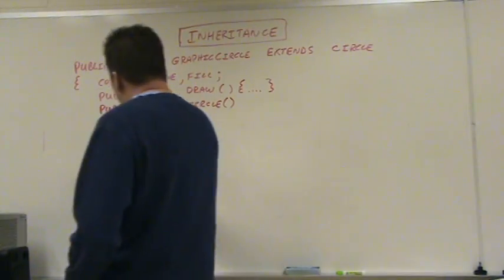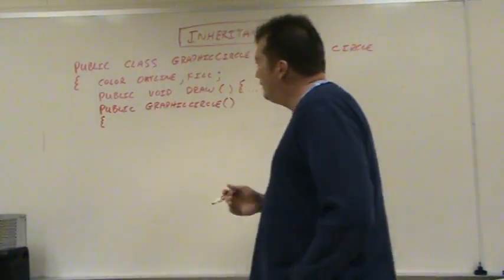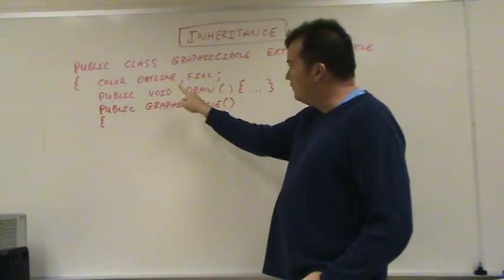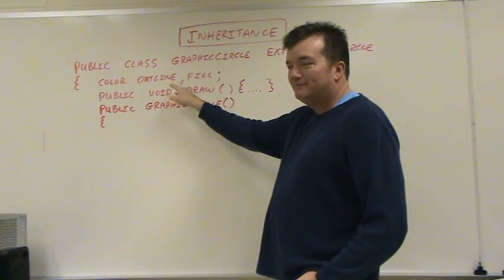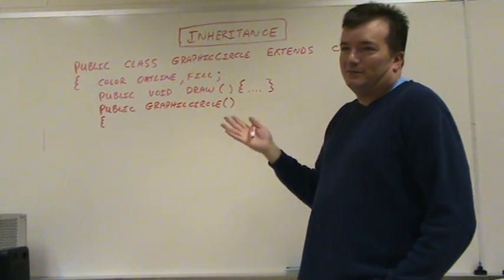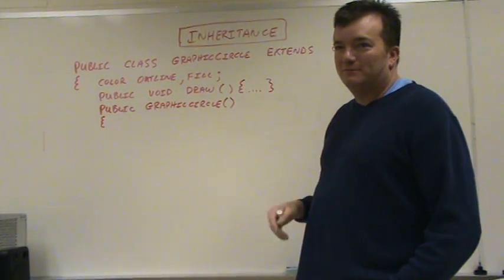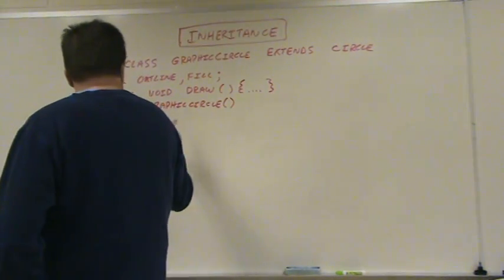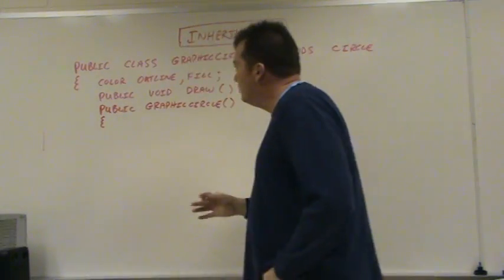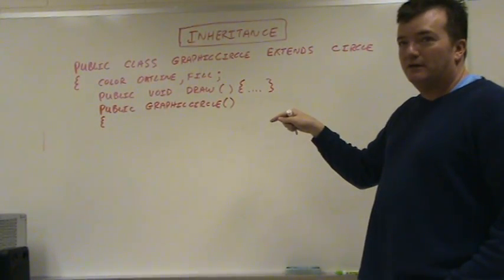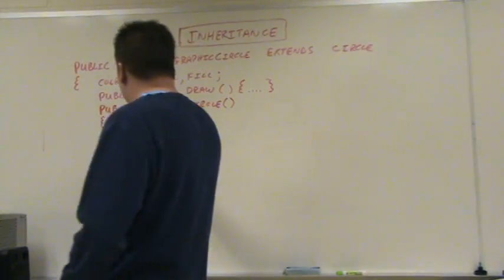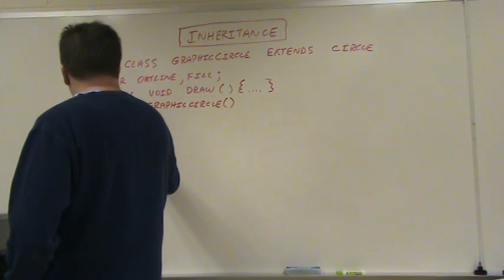And what does it do? Okay, well, what's a default value for an outline? I guess we can make this up. And what's the default value for the fill for a circle? The outline is black, I guess, and the fill is white? Okay. So the default constructor will be, okay, now, what should the x and the y and the r be? Why don't we say, we'll write it out explicitly.